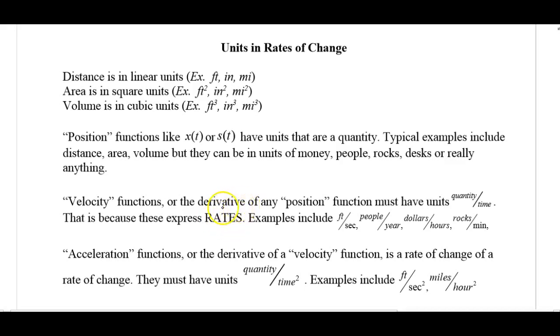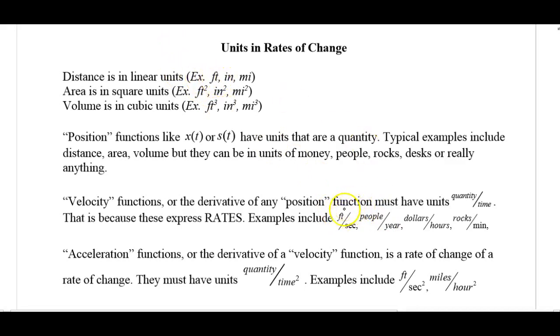So these derivatives of position functions need to look like feet over second, so a quantity over a time, or people per year, or dollars per hour, or rocks per minute. Or right now it looks like maybe these examples need to be a linear unit, so feet.